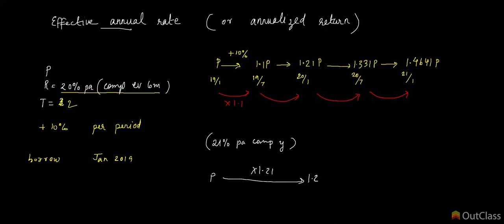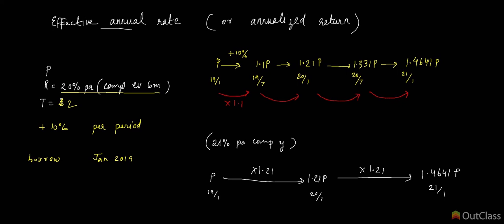It will give you 1.21p. That is 2020 Jan, 2019 Jan. And in 1 more year it will be again into 1.21, which will give you 1.4641p in 2021 Jan.